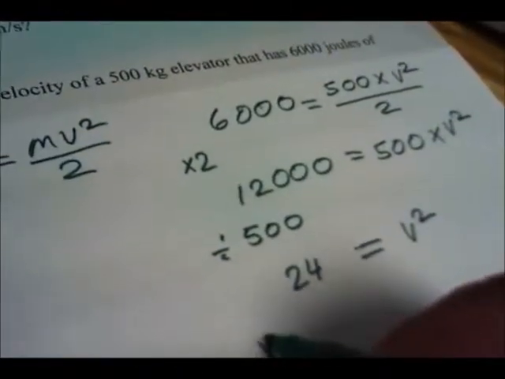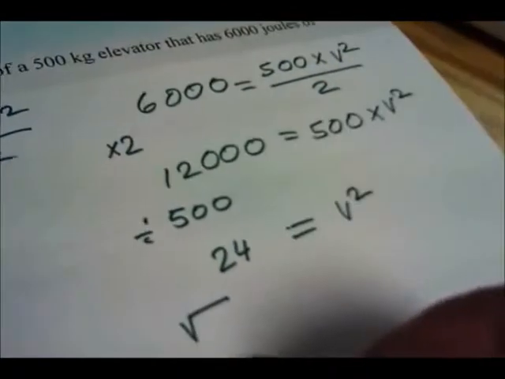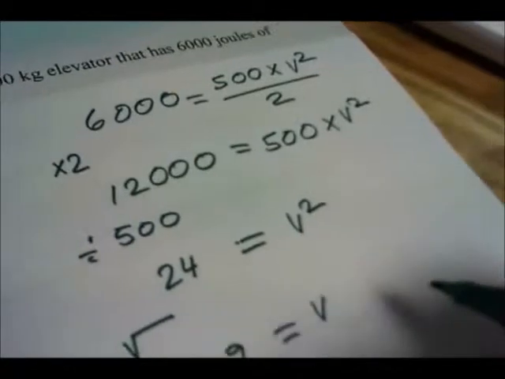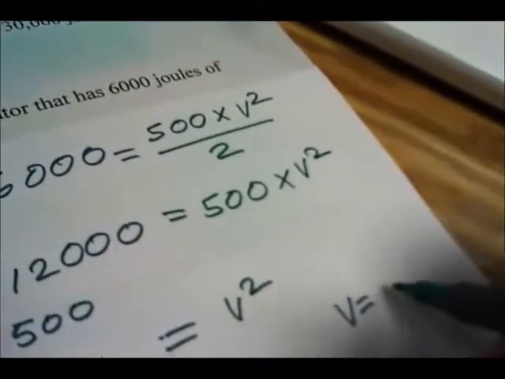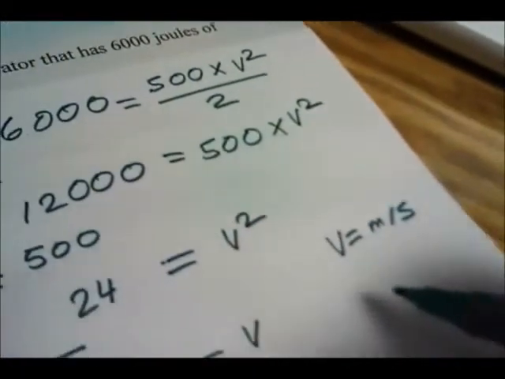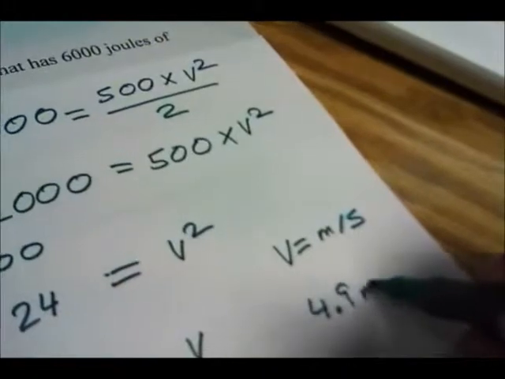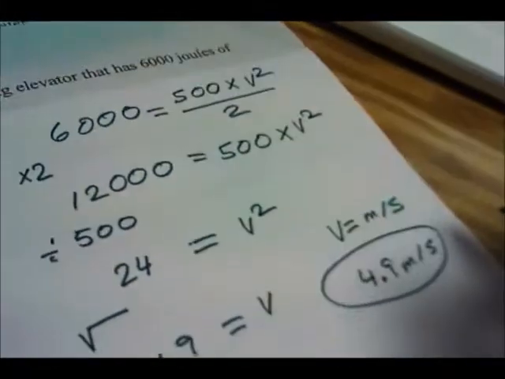The next step is to unsquare the v. We unsquare both sides, we get 4.9 equals v. Velocity is measured in meters per second, therefore our 4.9 is going to be 4.9 meters per second. And this is our answer.